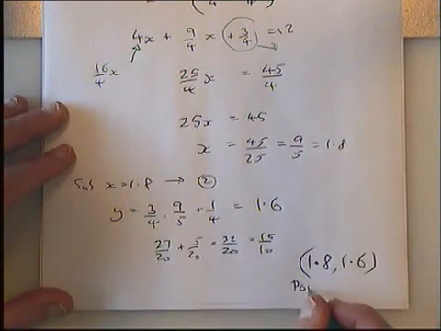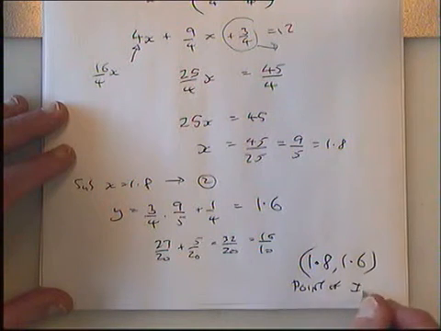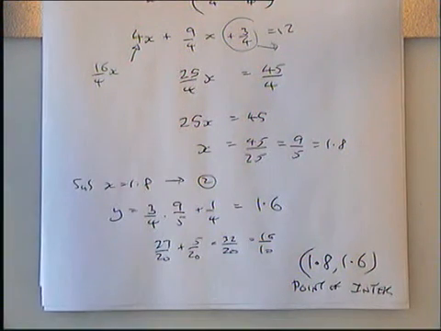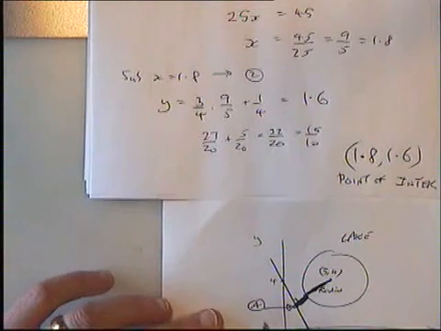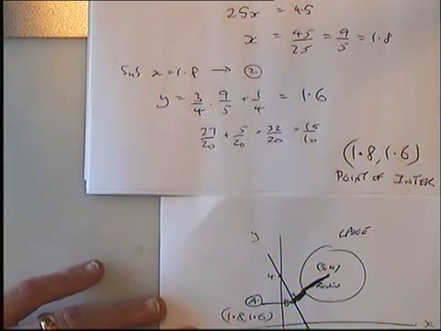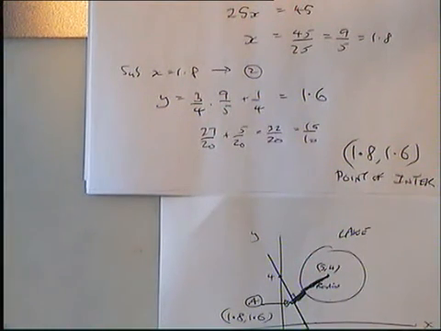That is the point of intersection. It's where they meet. So if you go back to your diagram, this A point over here is 1.8, 1.6, and we are nearly now at finding the solution.